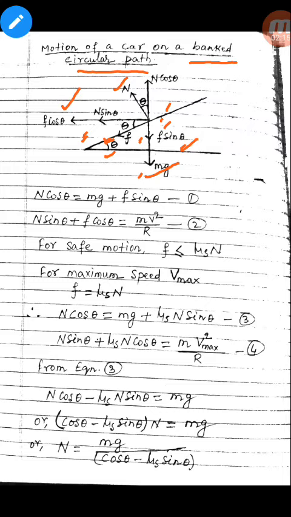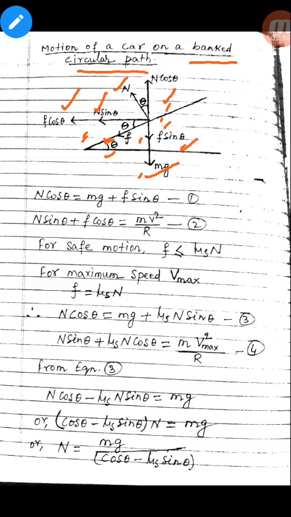Now we can resolve the normal reaction N into two perpendicular directions. This is N cos theta in the vertically upward direction and N sin theta in the horizontal direction.